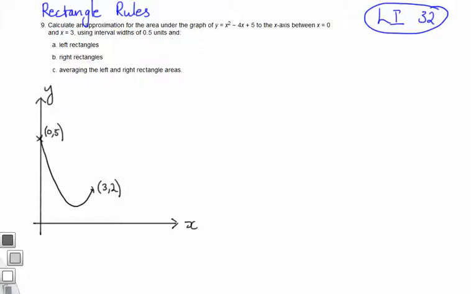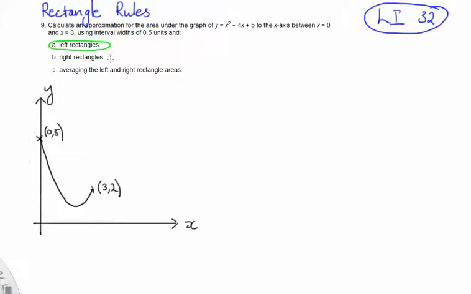Let's do left rectangles in green. We'll start with the left rectangles. Left rectangles means that the left corner of the rectangle touches the curve.